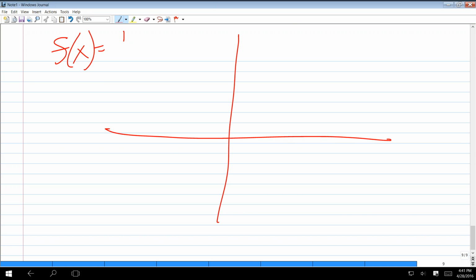If the function was 1 over x, that has a vertical asymptote at x equals 0, right? Because x can never be 0. And it has a horizontal asymptote at y equals 0. And the function looks like this.